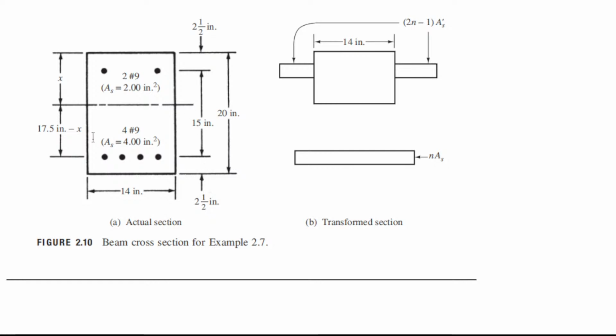From the top to this point is 17.5, because 20 minus 2.5 is 17.5. So 17.5 minus x, from the neutral axis to the center of the reinforcement, we will use as the moment arm.